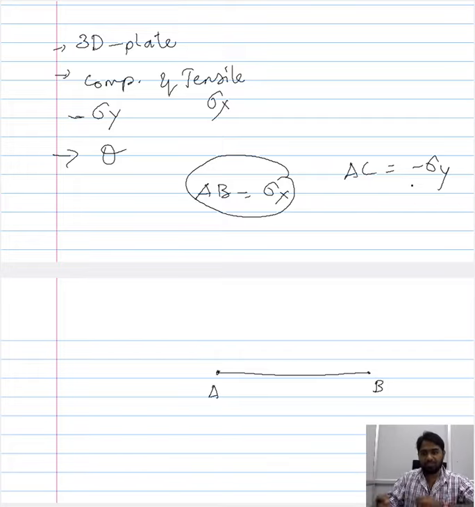In the previous case of biaxial tensile loading, AC was a segment within this AB, because both were tensile loads, therefore we had a segment within AB that represented the stress along the y direction. However, now what we have is a condition wherein the load acting along the y axis is a compressive load and the corresponding stress is a compressive stress, and therefore by convention it has a negative sign. So that means it is acting along this direction. So our AC is along this direction.